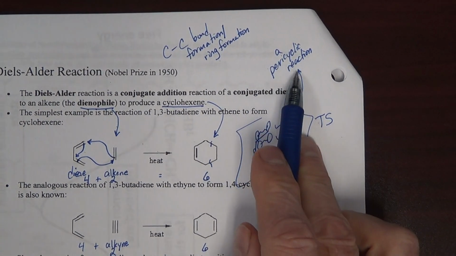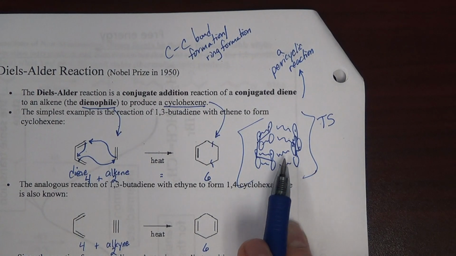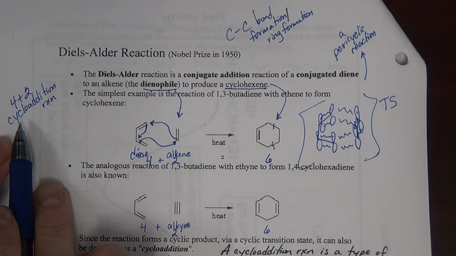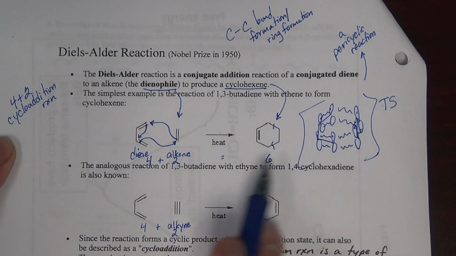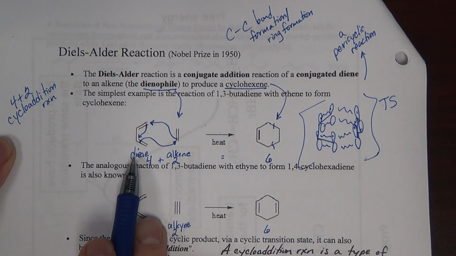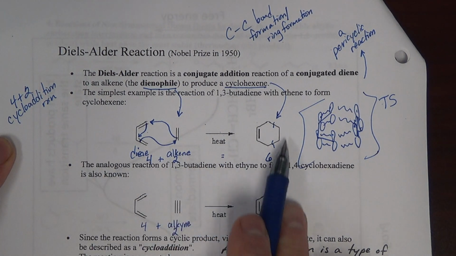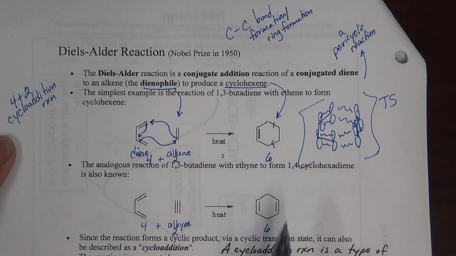There are different types of reactions that have a cyclic transition state. One type is a cycloaddition, and the most famous cycloaddition reaction is the Diels-Alder, which involves a diene reacting with a dienophile, a 4+2 cycloaddition to give a cyclohexene.